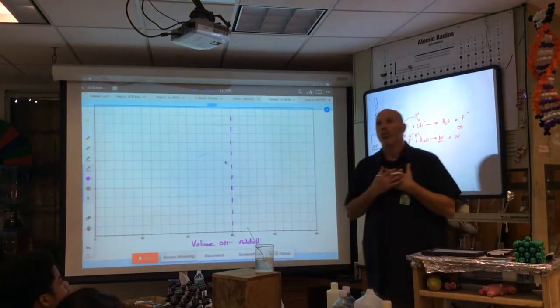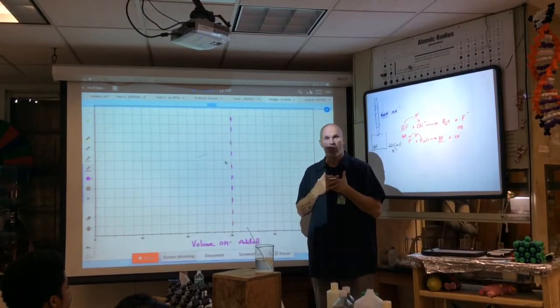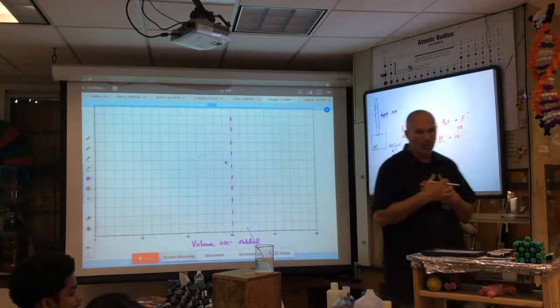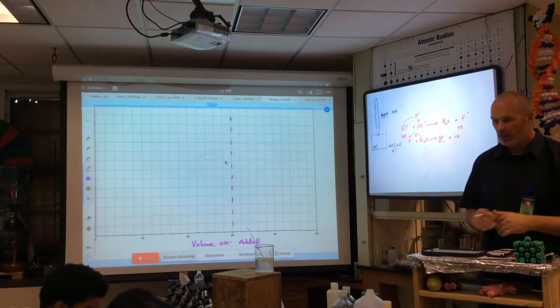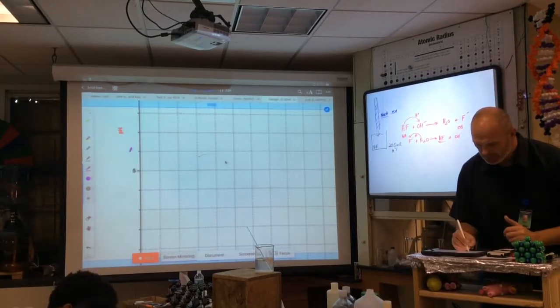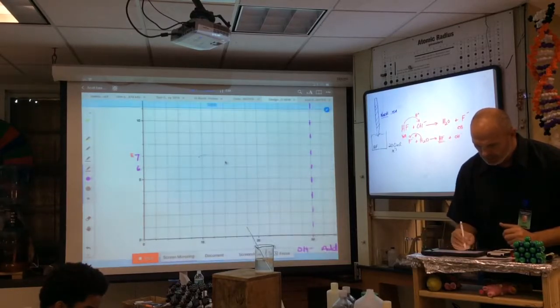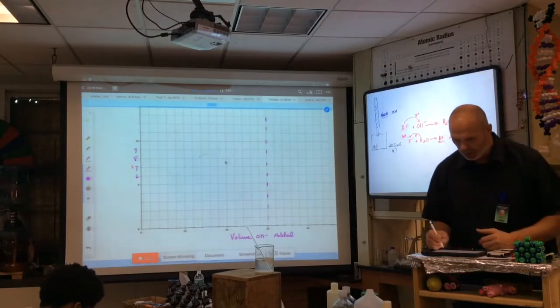Now, we cannot calculate that pH right now, because we will need equilibrium to do that problem. So right now we can't do that, so it's going to be an estimate. So that one's an estimate. So knowing that this is 5, 6, 7, this being 8, 9, and 10, we know it's above 7.